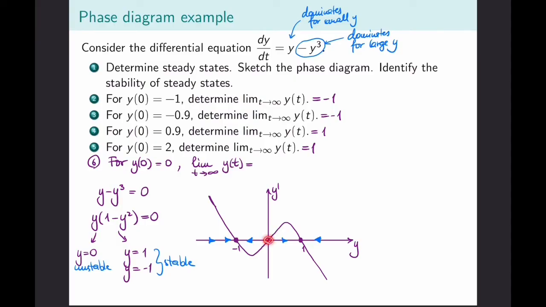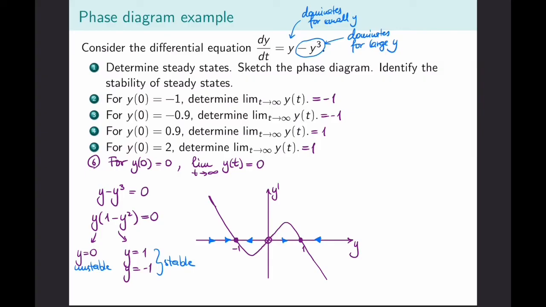If it starts at 0, it is an unstable steady state, but it is still a steady state, which means that if you start here, you will not move away. If you start even a little bit off of 0, then you will move further and further away. But if you start at 0, you will stay at 0.